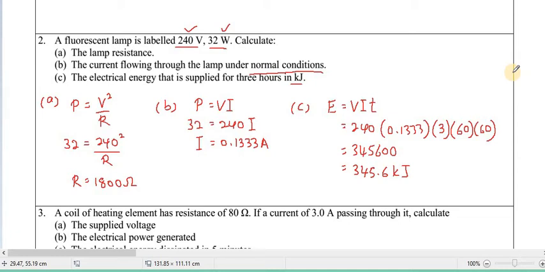I have explained to you already: in physics, we really emphasize accuracy. We try to avoid rounding off as much as possible. Understand?